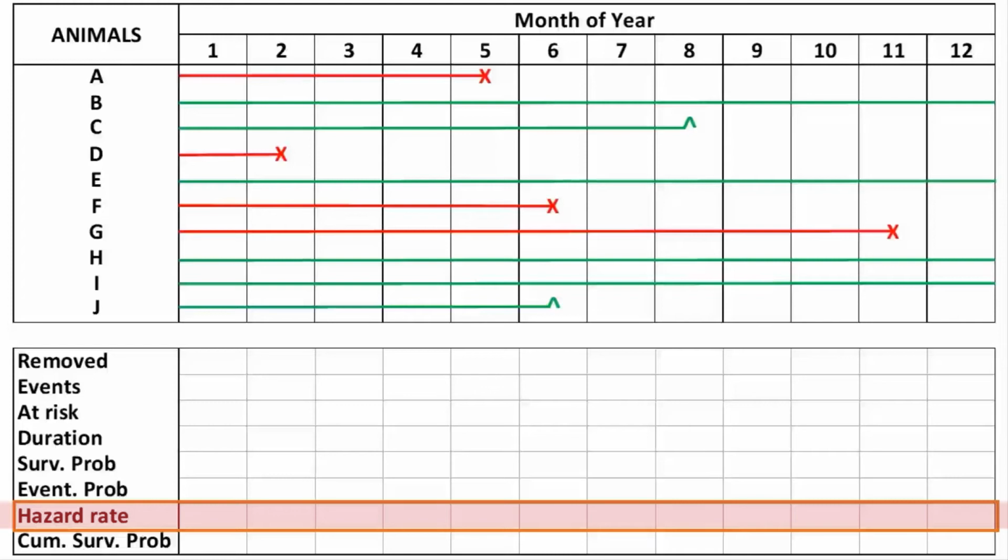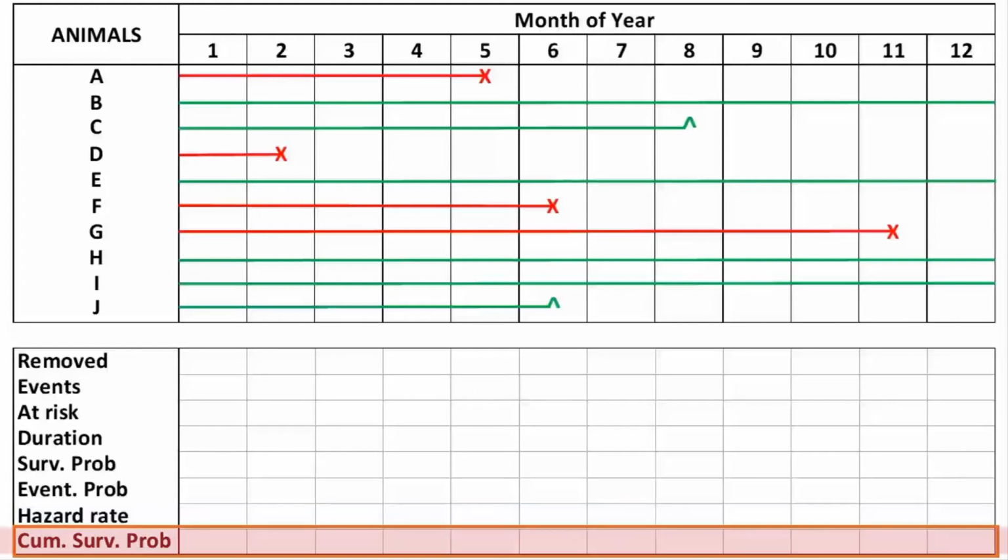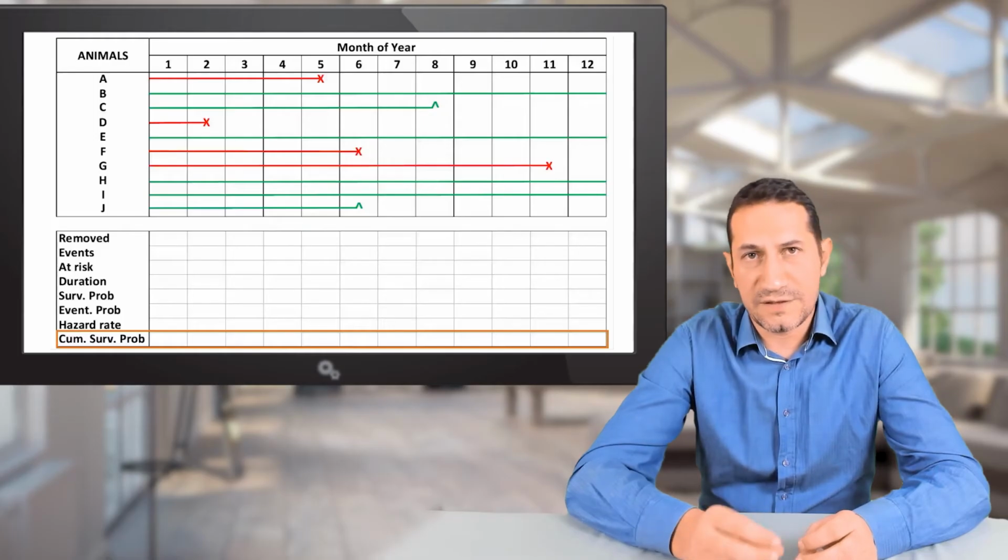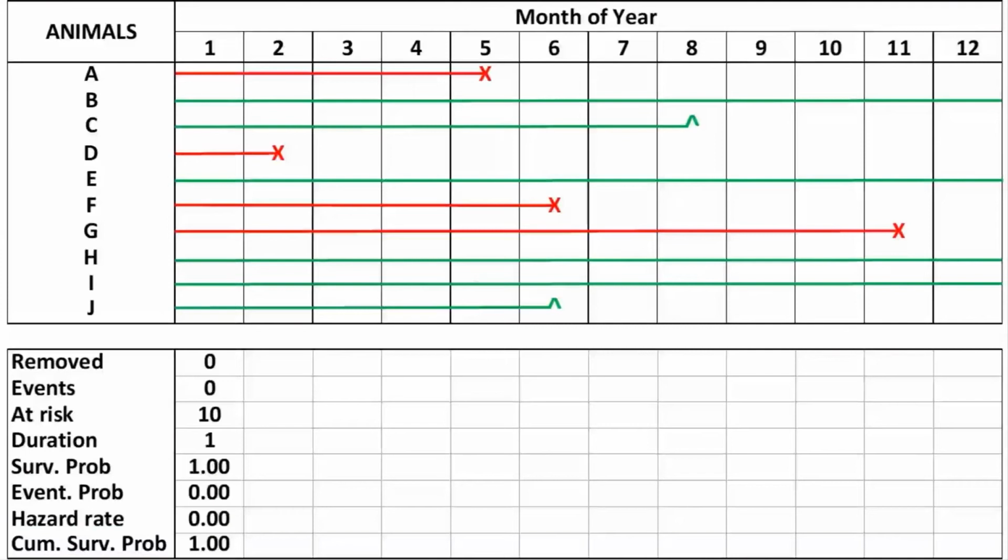So the hazard rate in this case would be equal to the event probability, because the timing is 1. And the cumulative survival probability is the product of all conditional survival probabilities. Let's make the calculation for the first month, and we put the figures down in the table.